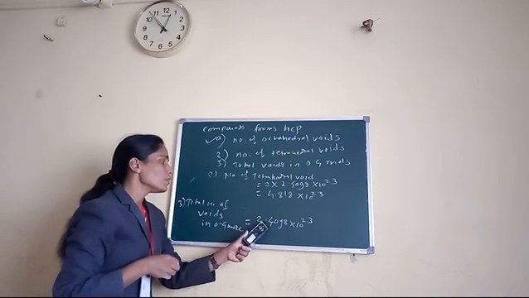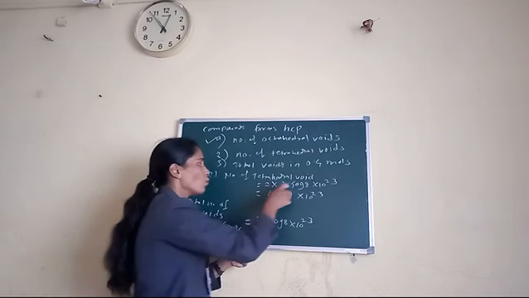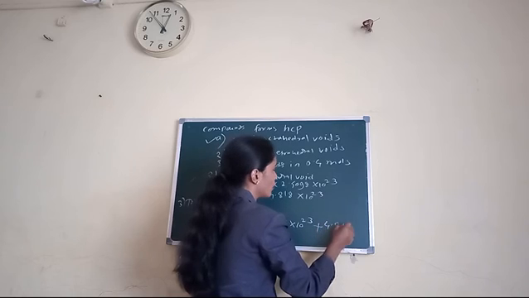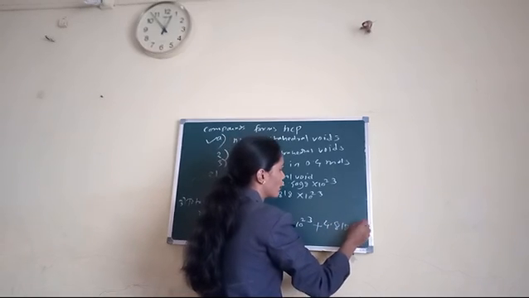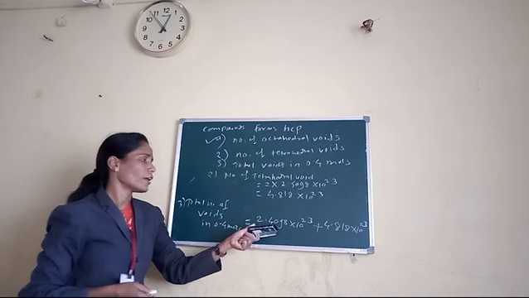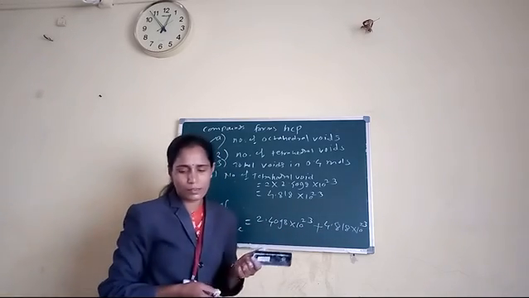This is the octahedral void plus the tetrahedral void, 4.818 into 10 raised to 23. By the summation of octahedral and tetrahedral voids, we get the total number of voids.